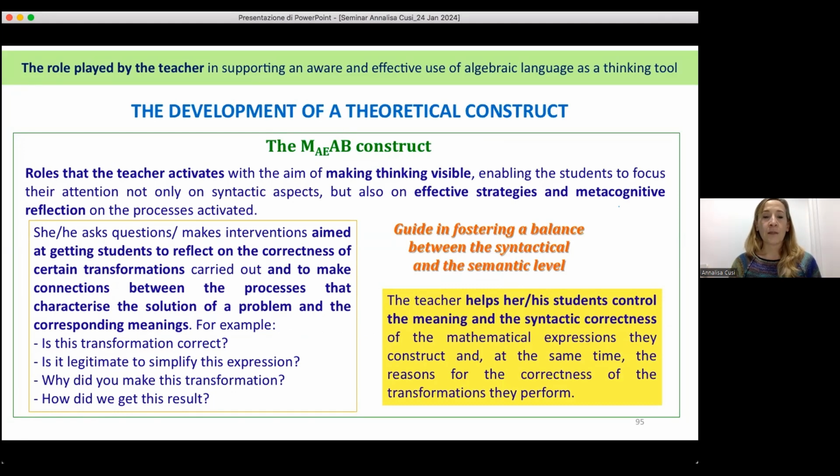She activates this role by making interventions aimed at getting students to reflect on the correctness of a certain transformation that is performed, or to make connection between, for example, the solution of a problem and the meanings behind these solutions.